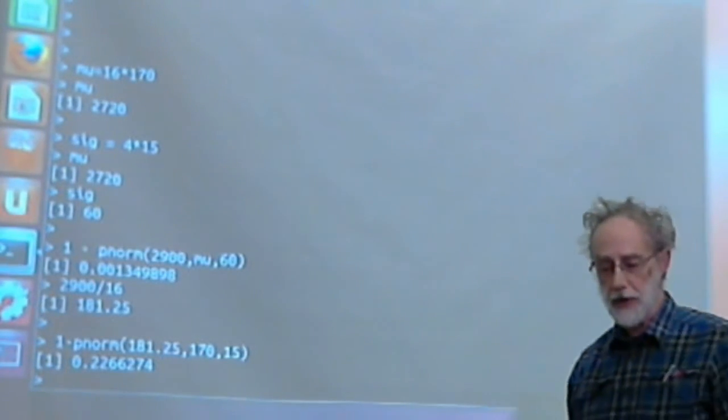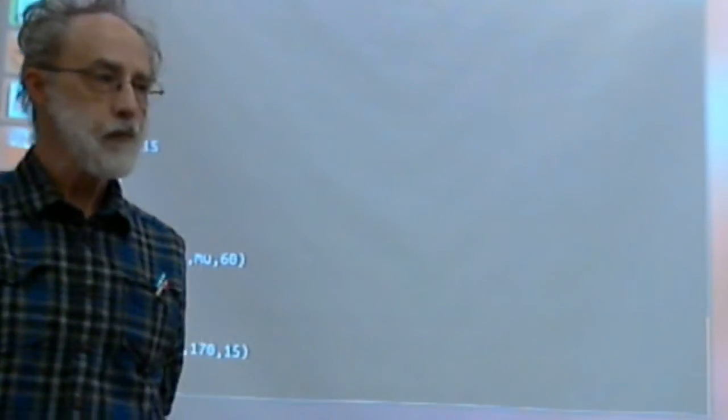So for one individual, it would be a deviation of less than one standard deviation from the mean. See, that can happen 23% of the time. But it is odd for 16 individuals to have a sample average that exceeds 181 pounds.